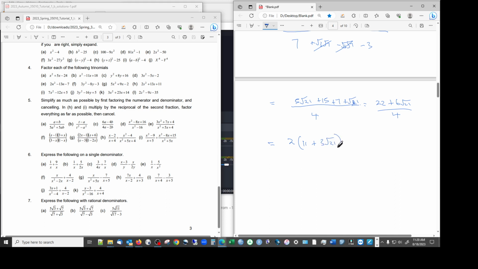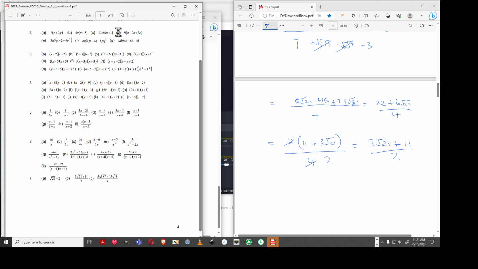That doesn't change that bit. And on the bottom we have 4. So that will cancel, and that will become a 2. And if I put it the way the answer's got it, it's got 3 root 21 plus 11 over 2. I think that's how it's written. So there you go. That's fairly straightforward.